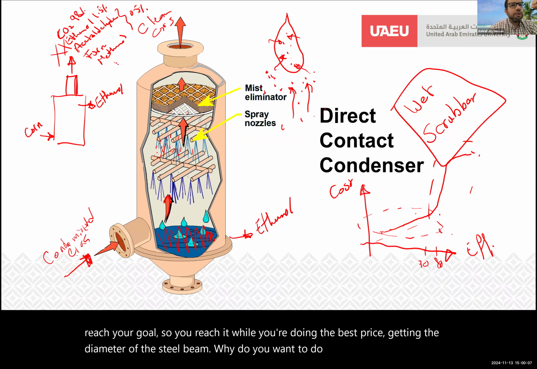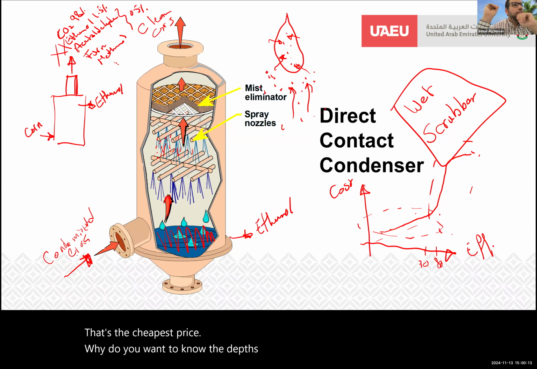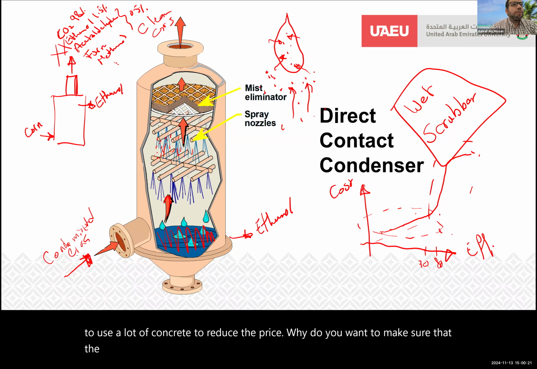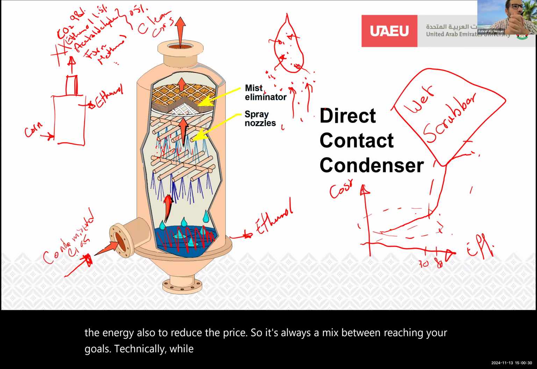Because that's the best price. That's the cheapest price. Why do you want to know the depth of the concrete? Because you don't want to use a lot of concrete to reduce the price. Why do you want to make sure that the energy also to reduce the price? So it's always a mix between reaching your goals technically while maintaining the best price. Any questions?